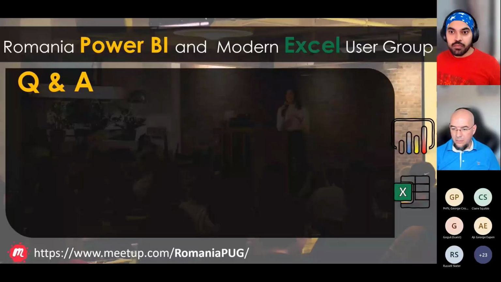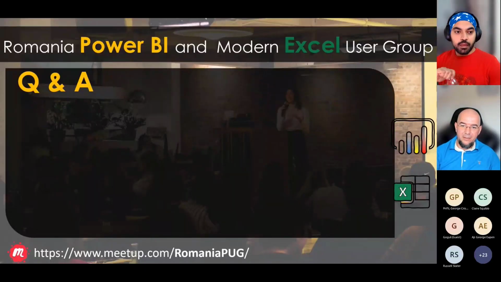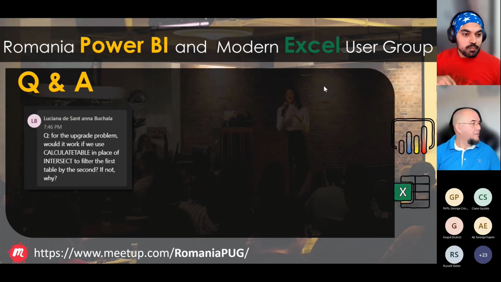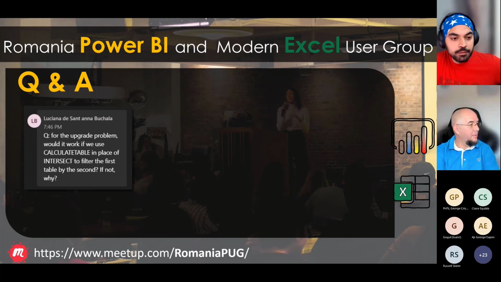It's directly related to the INTERSECT, the function that I never used in DAX. From Luciana: for the upgrade problem, would it work if we use CALCULATETABLE in place of INTERSECT to filter the first table by the second? If not, why?